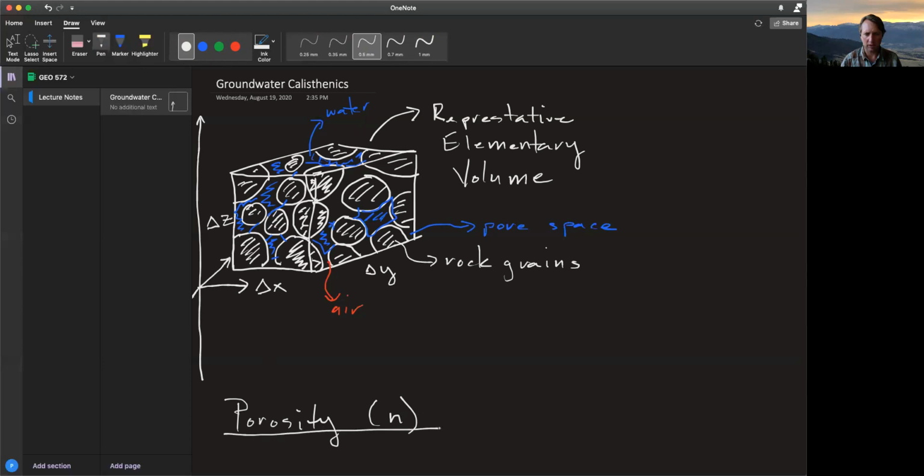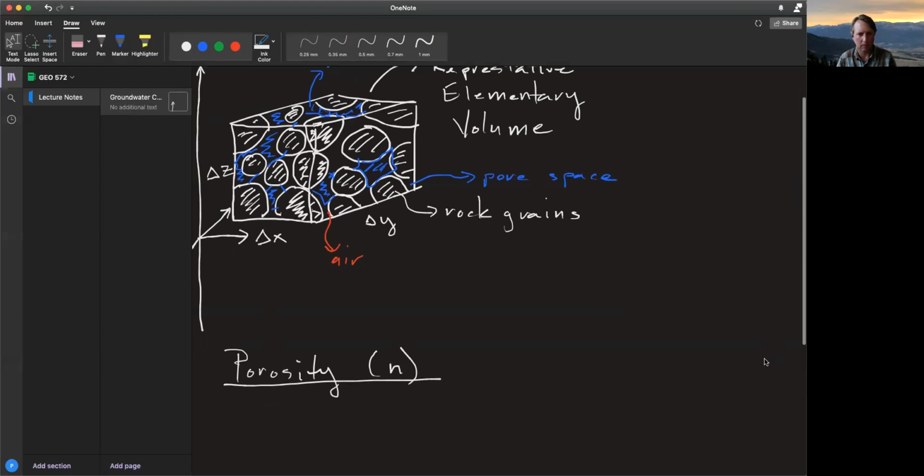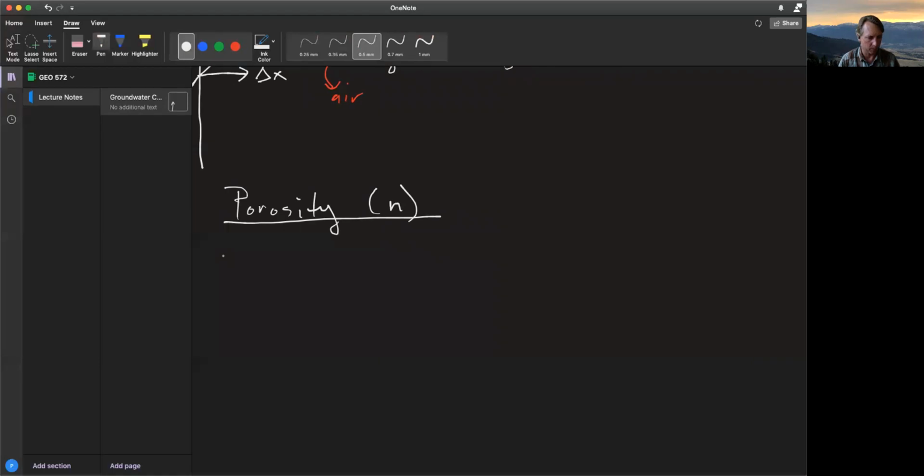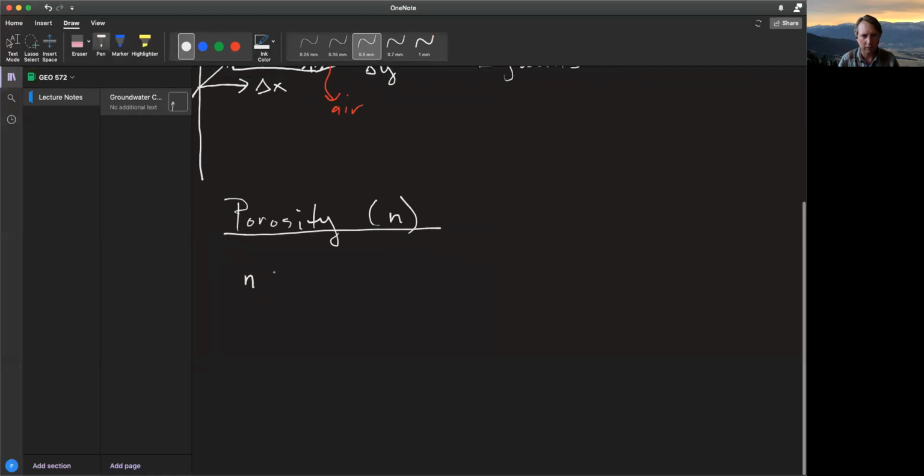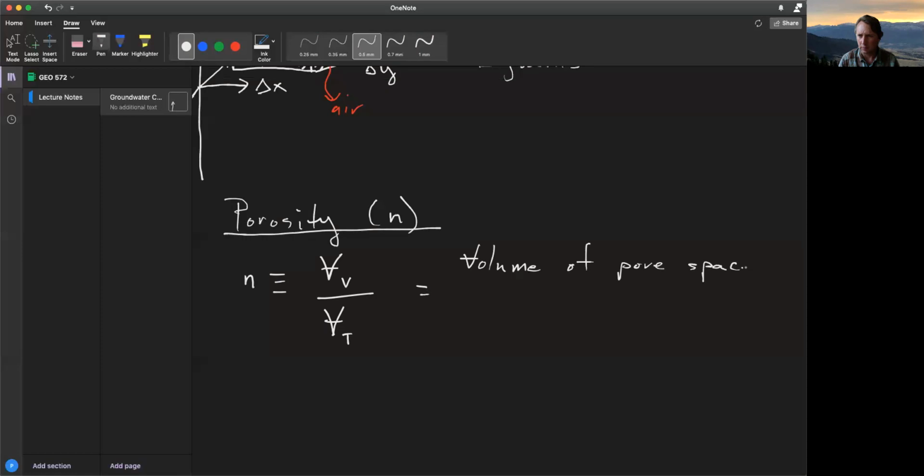Porosity is defined as the volume of void space divided by the total volume, so this is the volume of pore space over the volume of the REV.